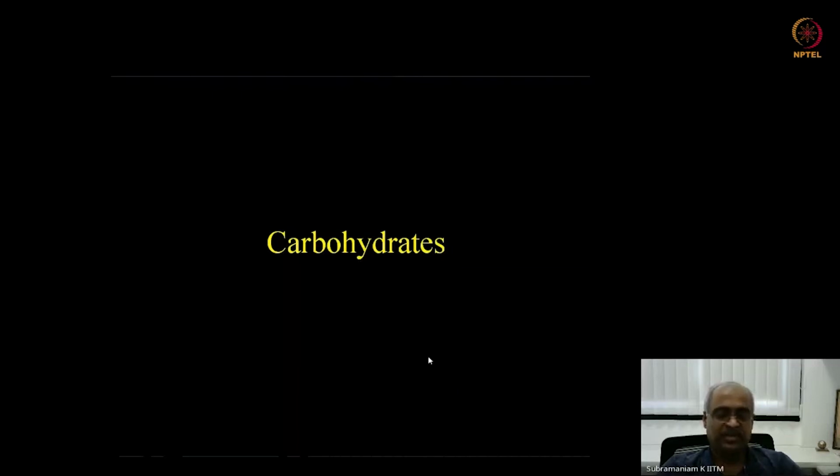In addition, they are very useful as storage of energy, like the starch that we primarily depend on for our energy source.